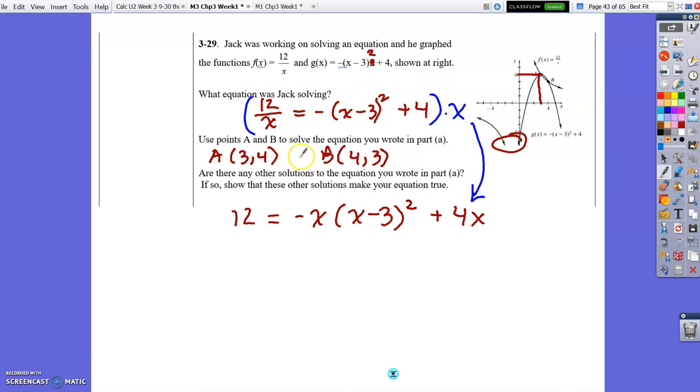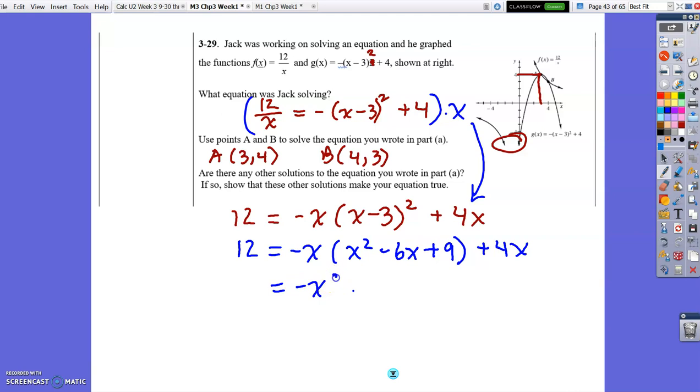And so this is what I'm trying to do. We know the answers. And what I noticed right here is this is x cubed because there's 2 x's here and then 1 there. So getting 3 answers is actually very reasonable. 12 equals negative x, parentheses x squared minus 6x plus 9 plus 4x. And again, that's that tricky distributing thing.